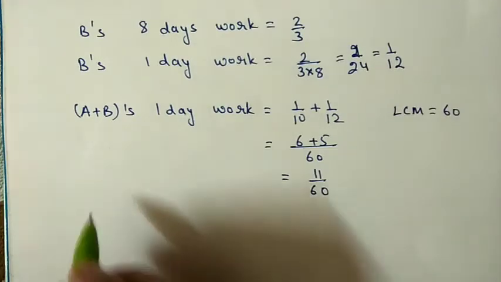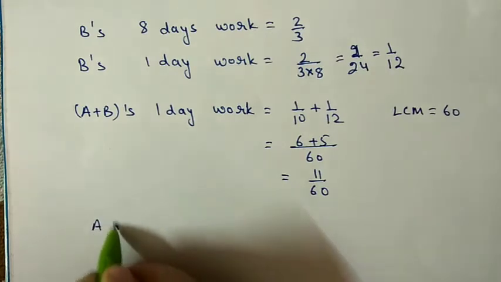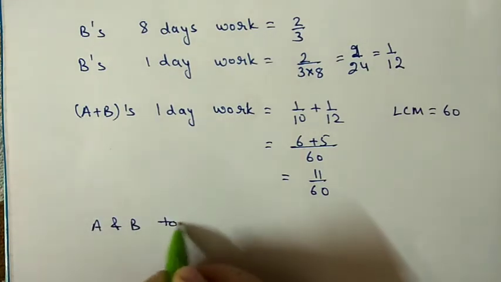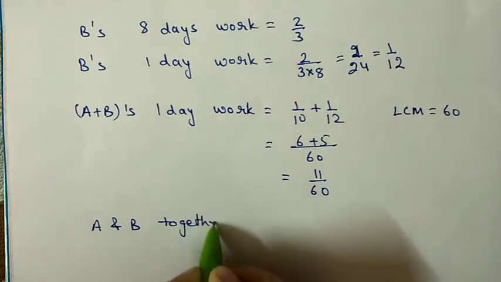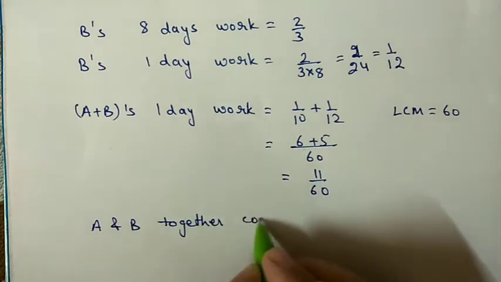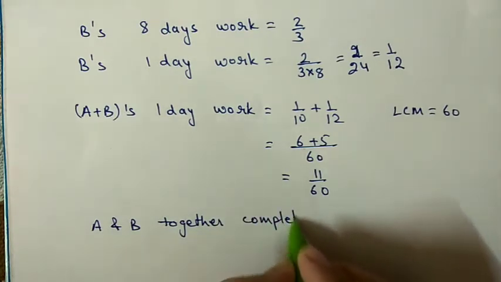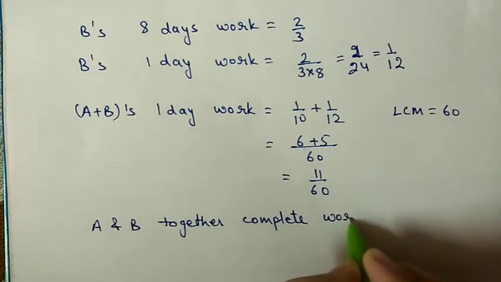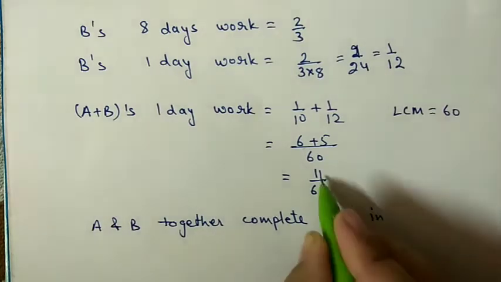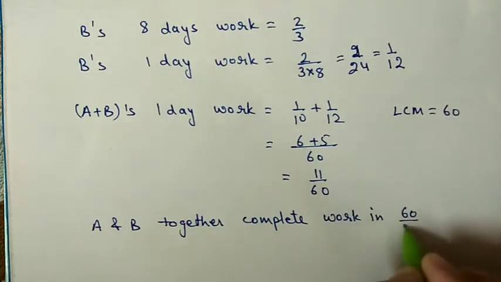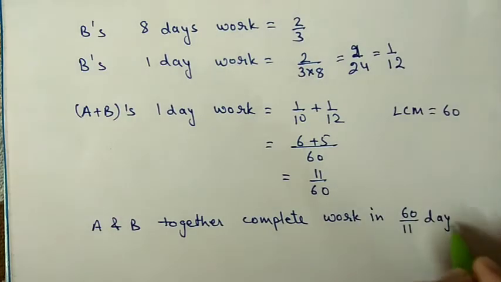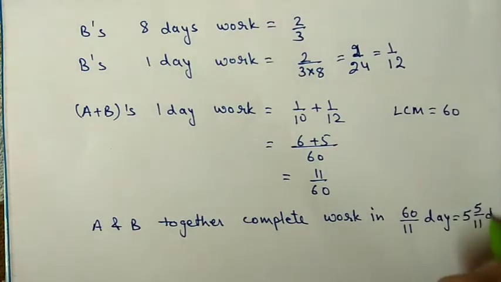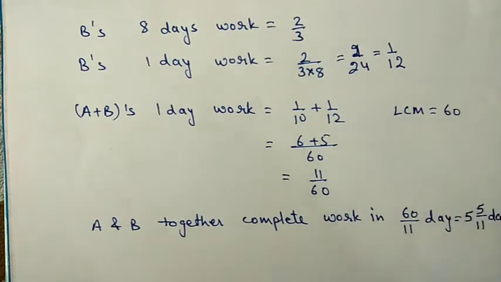So A and B together complete the work in, do the reciprocal, 60 by 11 days, which will be equal to 5 whole number, 5 by 11 days.